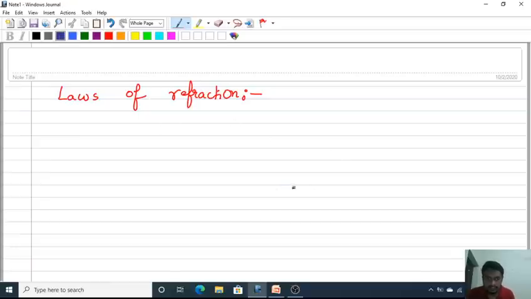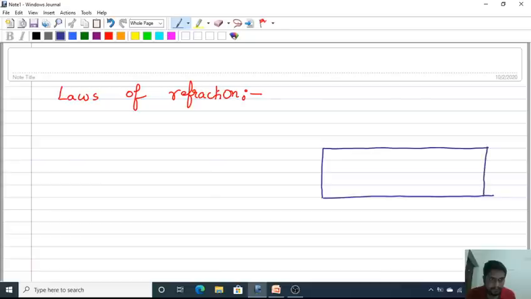Once again I will draw the same figure. I am taking a transparent medium on which light is incident. Let us take this point as the point of incidence, where the light is going to strike the interface.